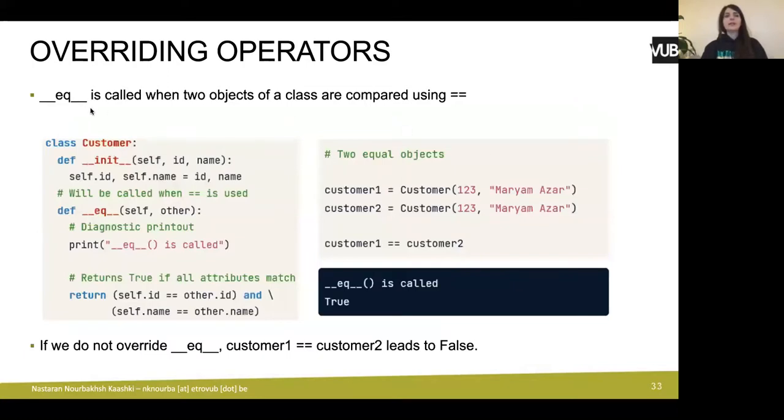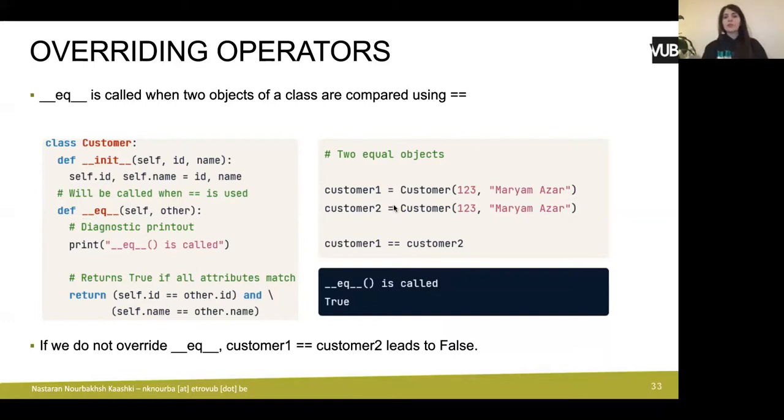__eq__ is for equality. It is called when two objects of a class are compared using this operator. Look at this. This is a customer. It has a constructor and two instance variables. Here I'm overriding __eq__, and I'm printing a message and comparing every instance variable of self and other. Other is the other one that is being compared to self.